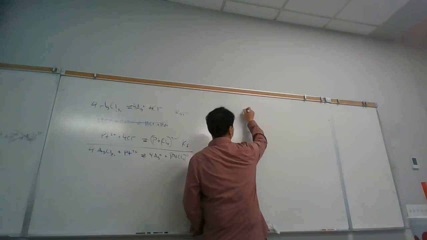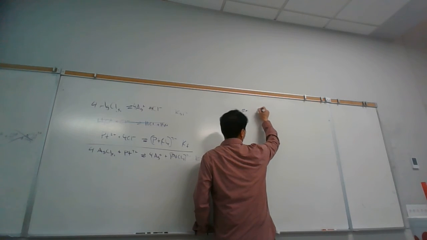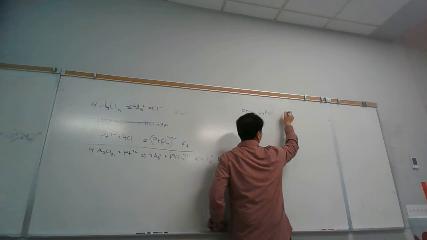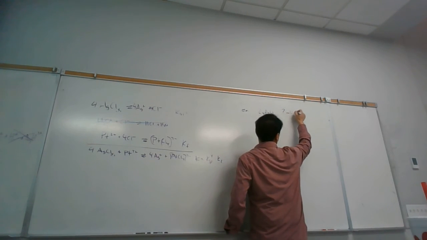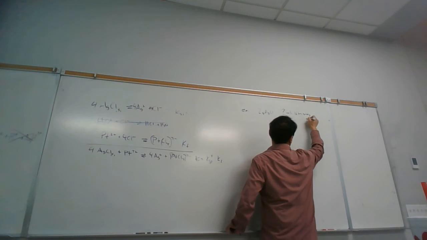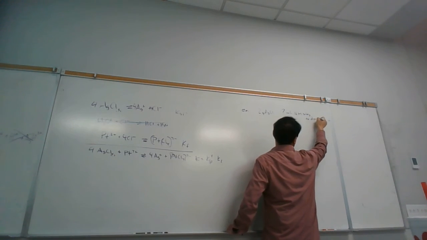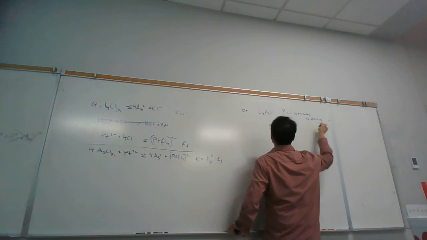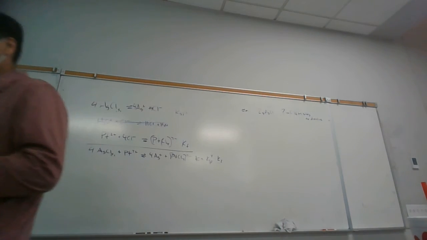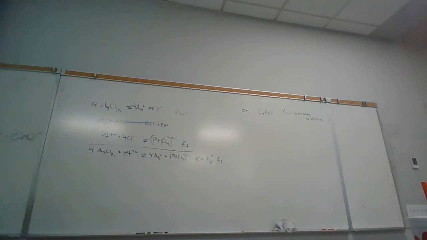Let's do that as a calculation. 2 grams of silver chloride requires how many milliliters of 16 molar ammonia to dissolve? Probably less than 1,000 liters, right? So let's calculate that.